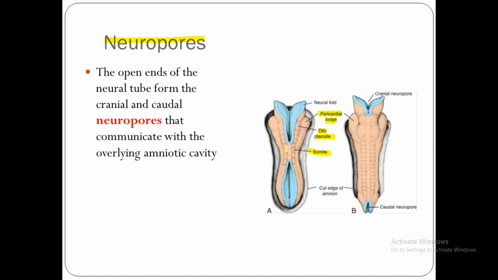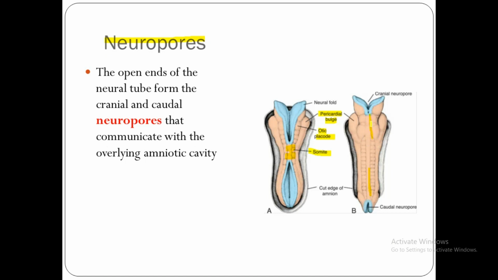You see first in the cervical region the fusion started in the midline. Slowly it is going to progress in the cephalic end, that is the head end, and caudal end both, as we discussed in the previous slide. As you see, it's coming down also and it's going up.